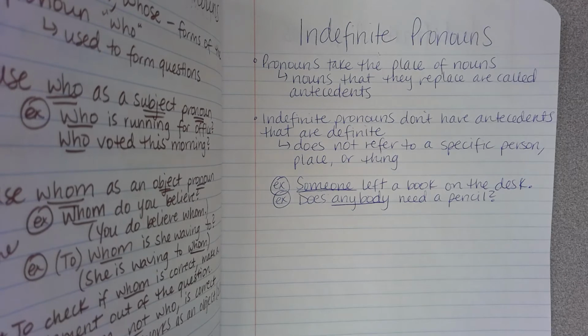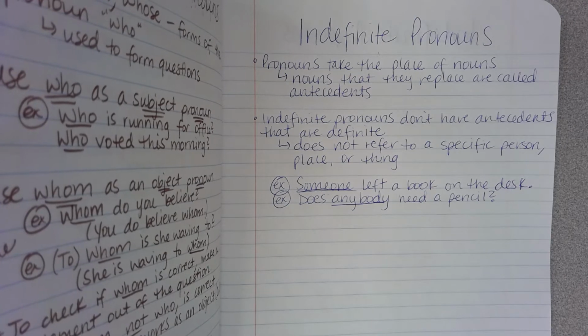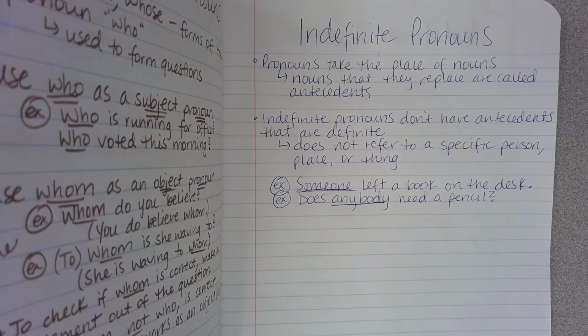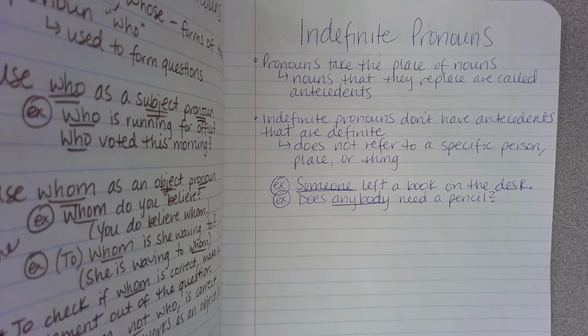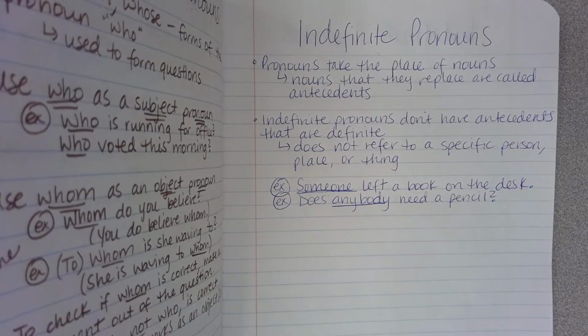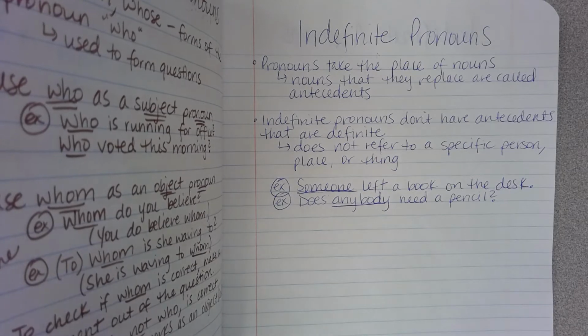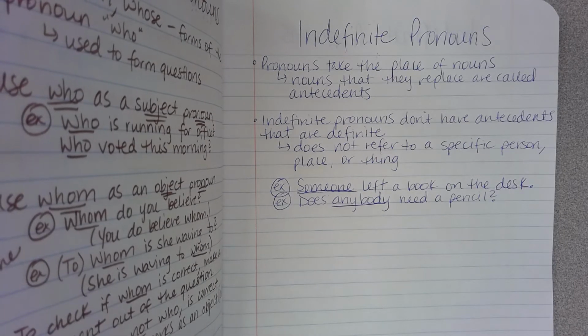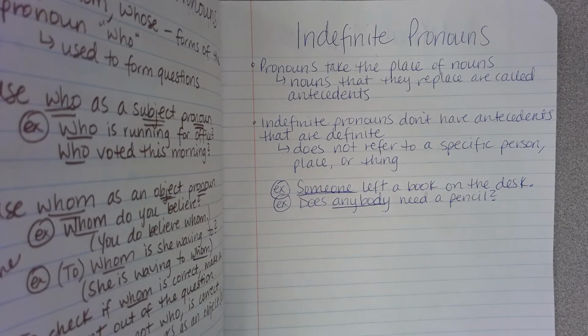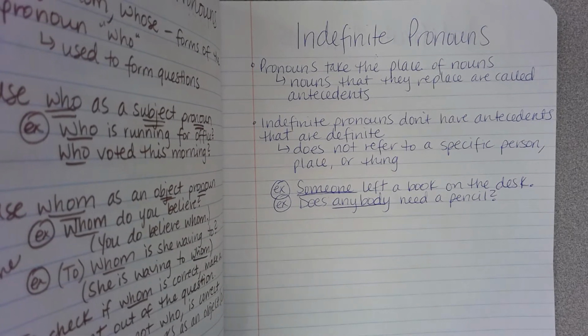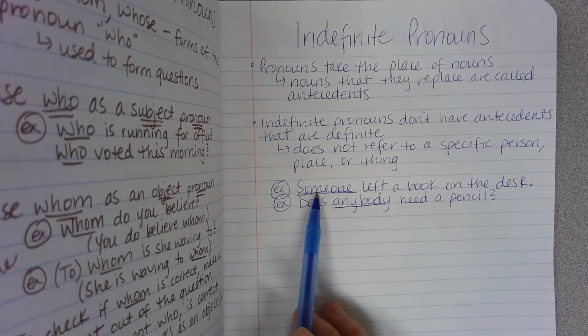If I'm the one that's asking this question in class, I'm not talking to a specific person. I'm saying, does anyone in the room? So it's not definitely talking to one person or thing. It's kind of a broad, general grouping of people. So it's not a definite answer. It's talking to either multiple people or a group of people or someone that we may not know, like in the case of someone. Okay?